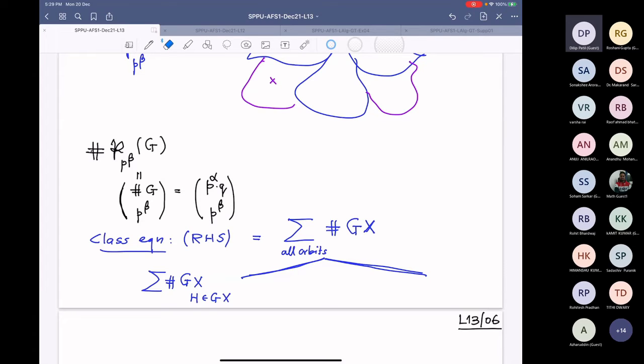And the remaining sum is the sum of cardinalities of Gx where Gx contains no subgroup.